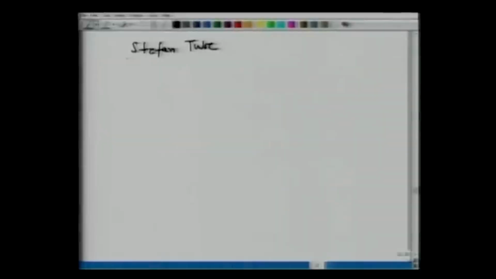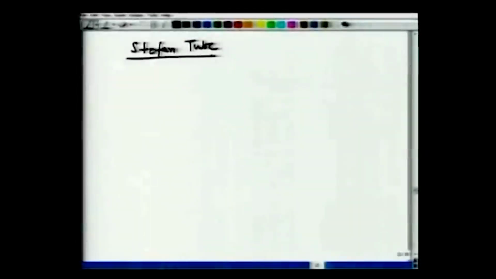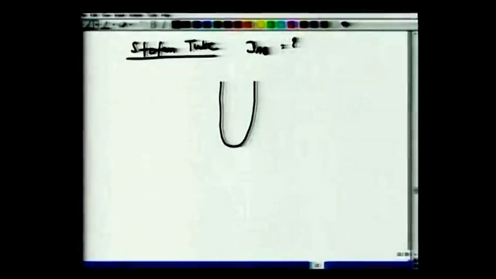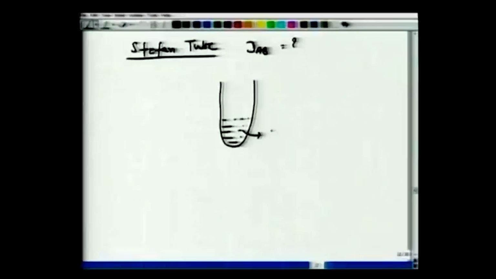So we will take this example of the Stefan tube, which is a very simple tube geometry configuration to measure or predict binary diffusion coefficients. Essentially we have a U tube, and say we want to measure or estimate the diffusion coefficient of the vapor of an organic compound, say acetone, in air.